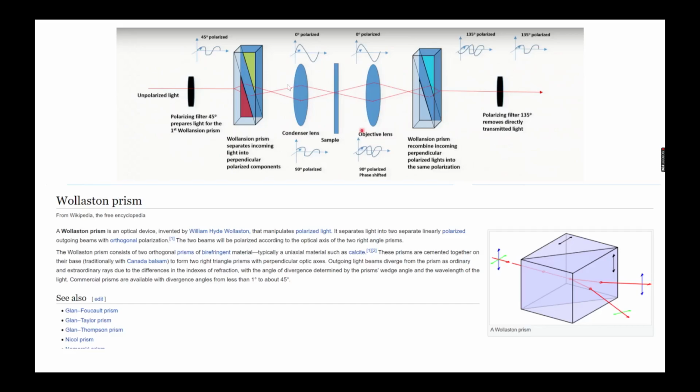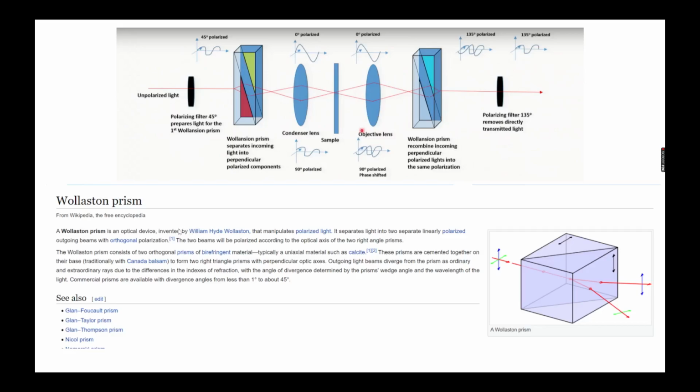Here the first prism is splitting the 45-degree polarized light, but when it interacts with the second Wollaston prism, that will recombine the incoming perpendicular polarized light into the same polarization. So here this is recombining and this is splitting. Then the polarizing filter will give the 135-degree polarized light. You can see in the lectures, because it is just asking about the Wollaston prism, you can also Google search about the Wollaston prism and how it looks.